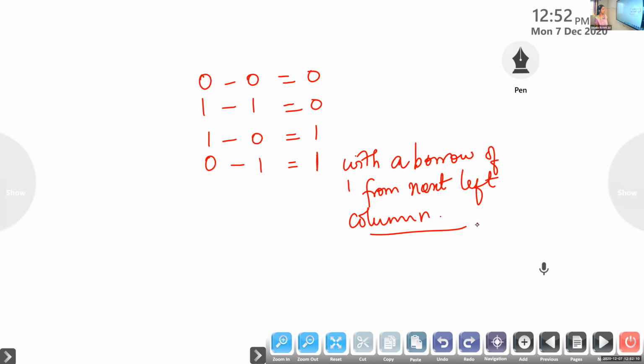Okay, let's use this rule and do some questions. Write the rule. 0 minus 0 is 0. 1 minus 1 is 0. 1 minus 0 is 1. 0 minus 1 is 1, with a borrow of 1 from the next left column.